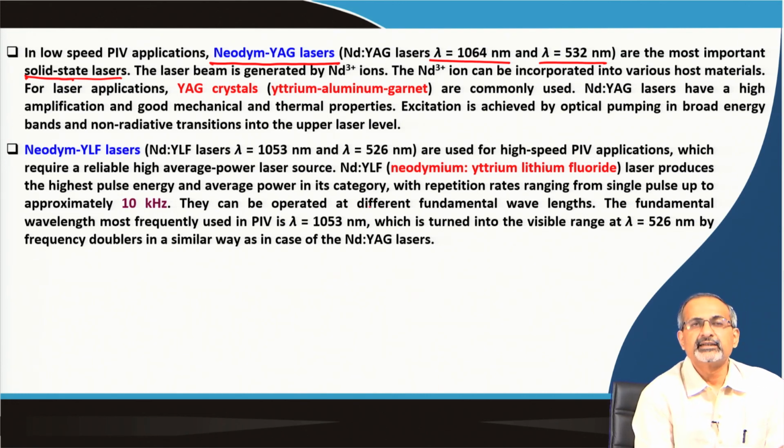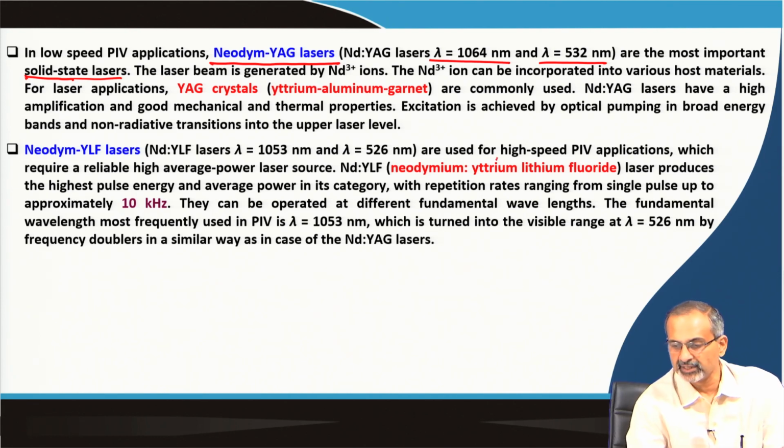The laser beam is generated by Nd3+ ions, and Nd3+ ions can be incorporated into various host materials. For laser applications, YAG crystals comprising yttrium, aluminum, garnet are commonly used. They have very high amplification and good mechanical and thermal properties. Excitation is achieved by optical pumping in broad energy bands and non-radiative transitions into the upper laser level. So, this is a brief about Nd YAG lasers, which are widely used especially in low speed PIV applications.